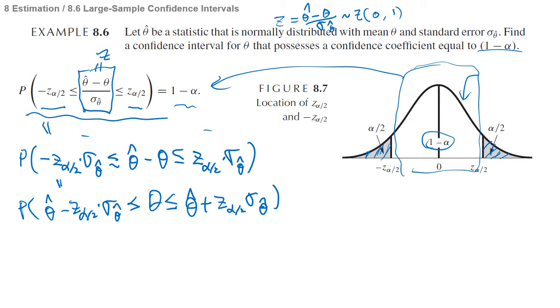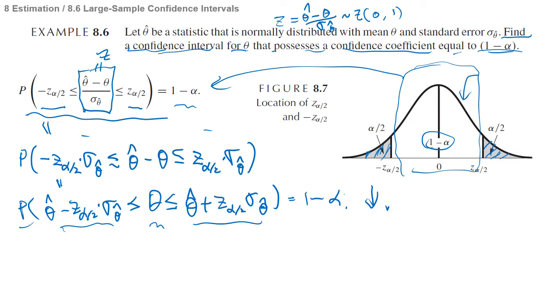Okay, so what we know now is that the probability of the lower bound and upper bound enclosing theta is 1 minus alpha, and that's what we want to calculate. So, find the confidence interval for theta that possesses a confidence coefficient equal to 1 minus alpha. This is that.